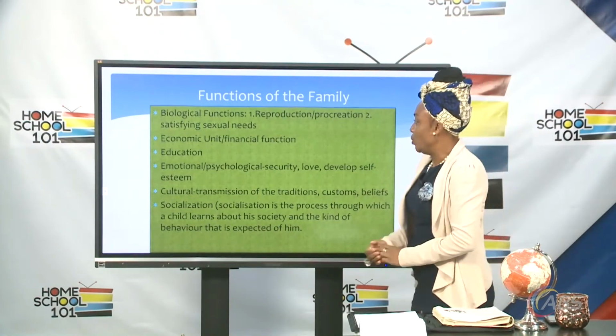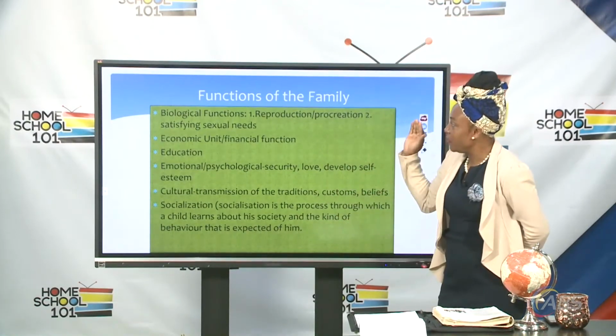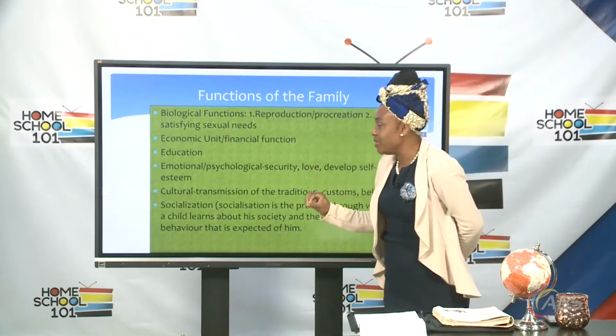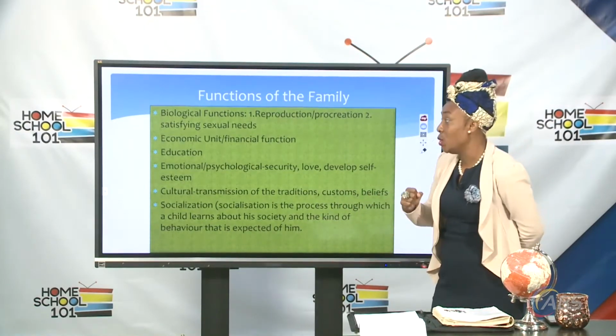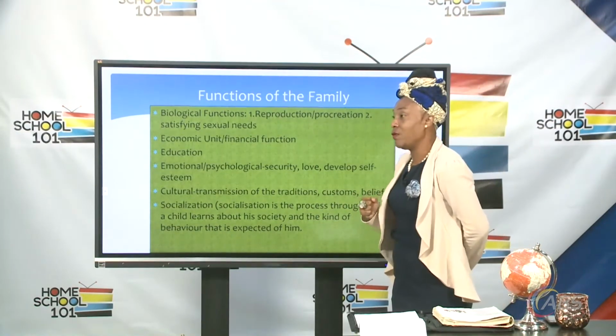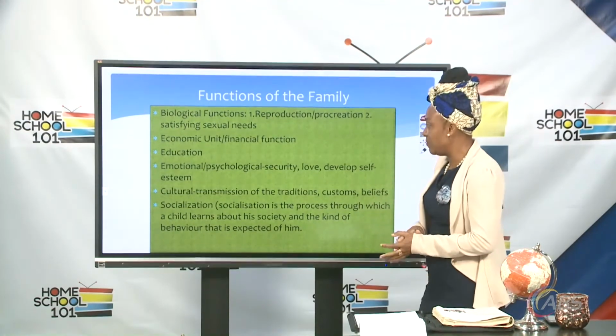Another function of the family is the economic unit, and I'm just assuming that all our families have strong economic units in order for us to live satisfactorily.